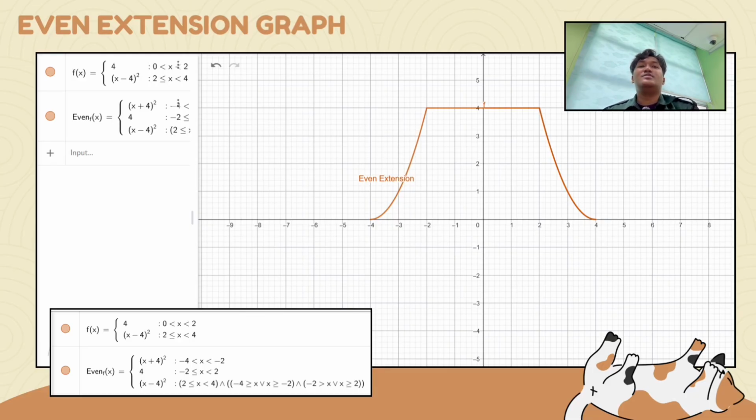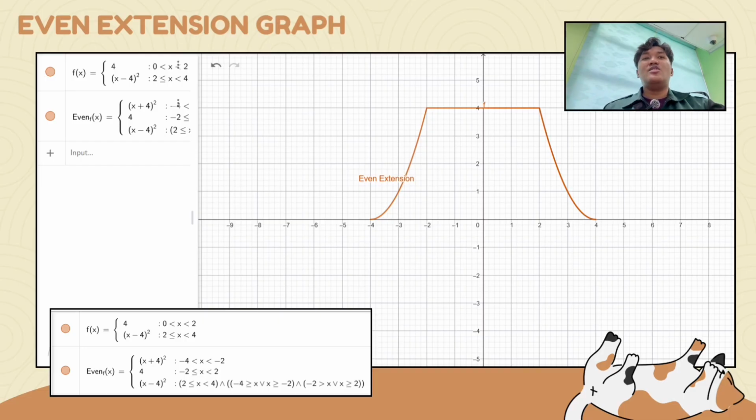The mathematical piecewise definition for the even function is below, which is the input for the GeoGebra graph. Besides the original function graph, I put in the piecewise definition for the even extension, and the graph is shown here.